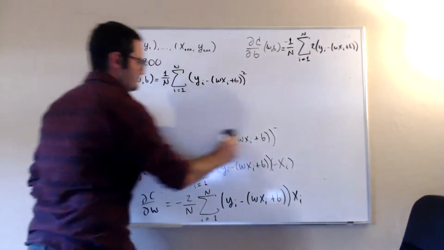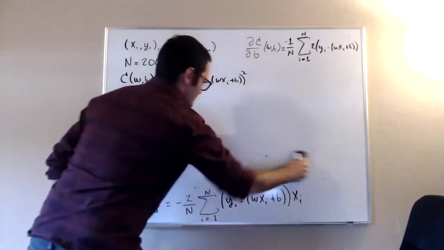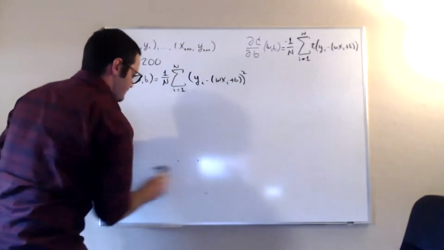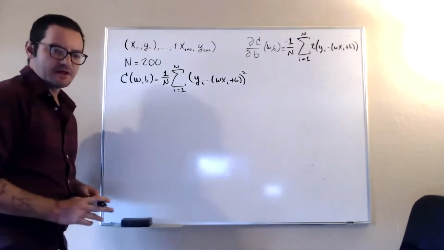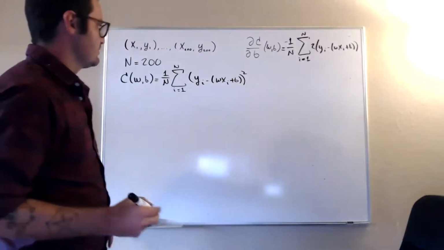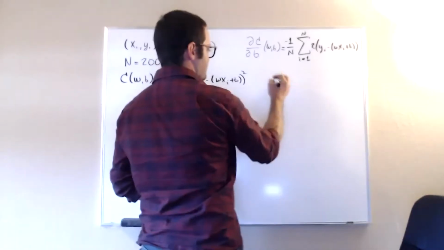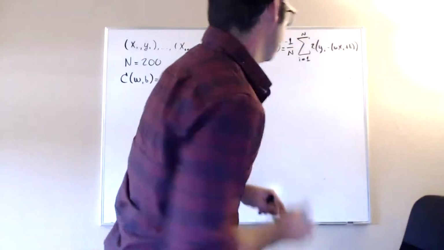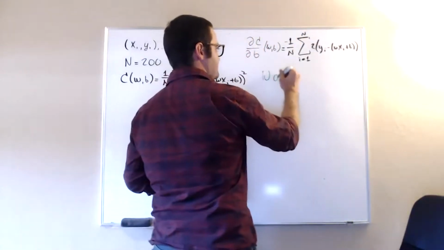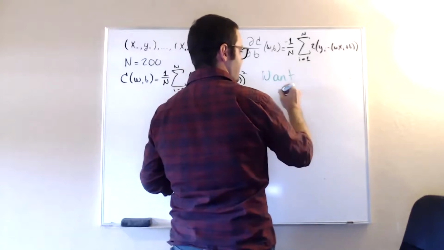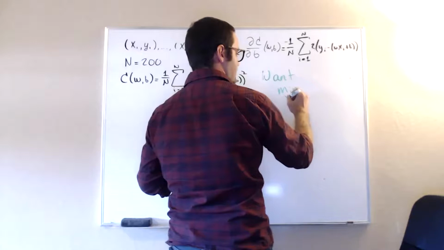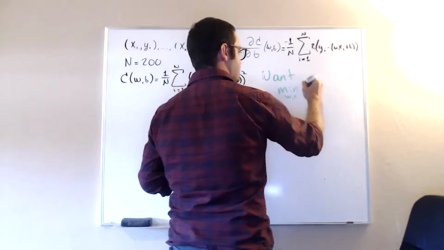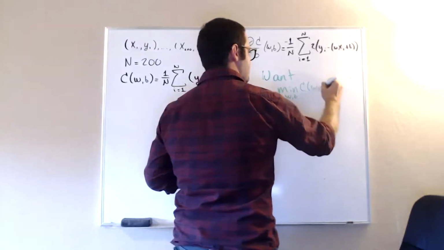Just thinking back to what we were talking about with optimization, what we want is to find the min over w, b of this.